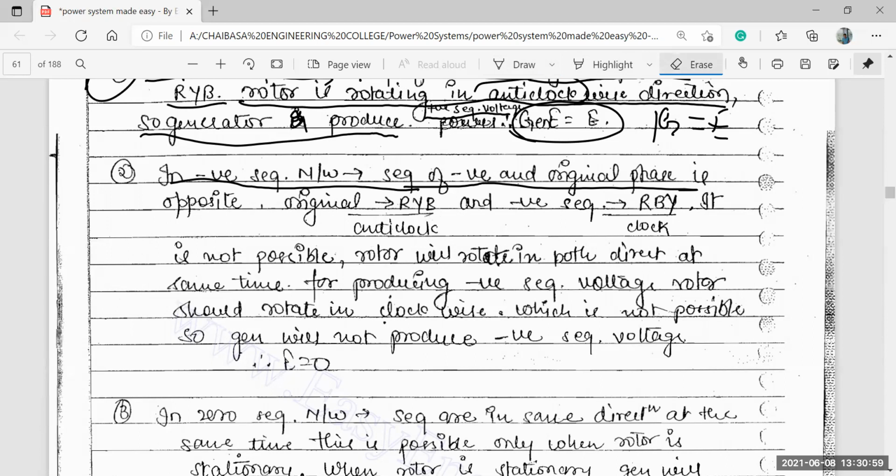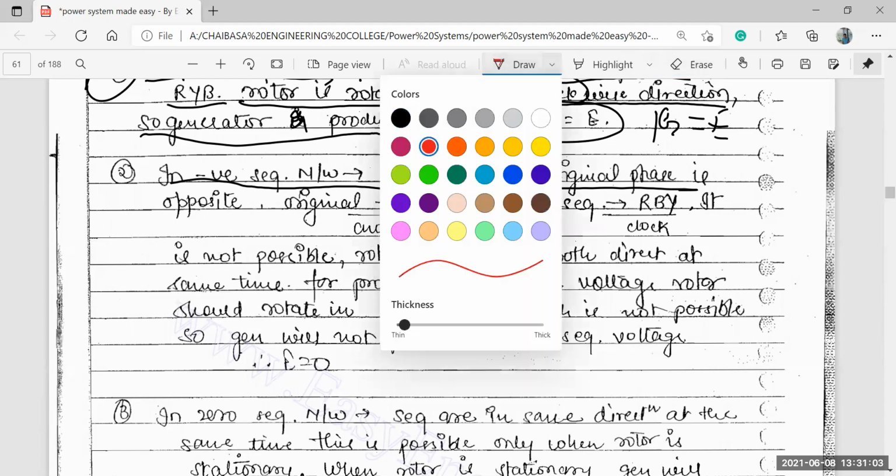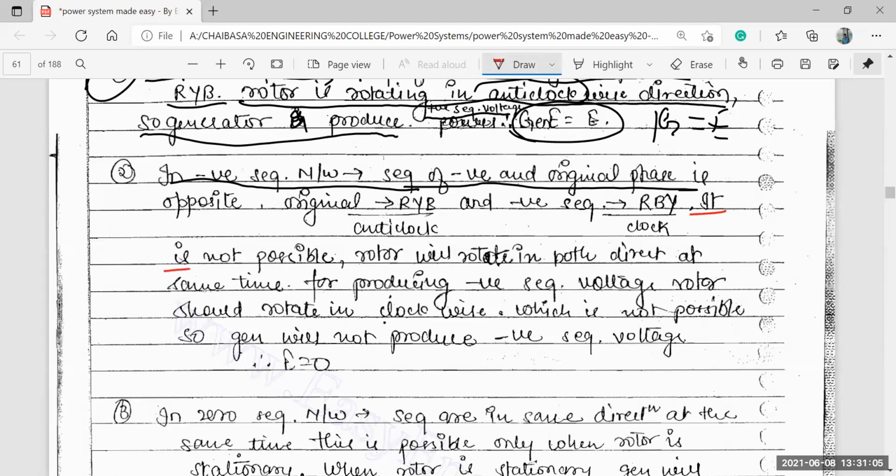Now it is not possible that the rotor will rotate in both directions at the same time. It's obvious. For producing a negative sequence voltage, the rotor should rotate in the clockwise direction, which is not possible.